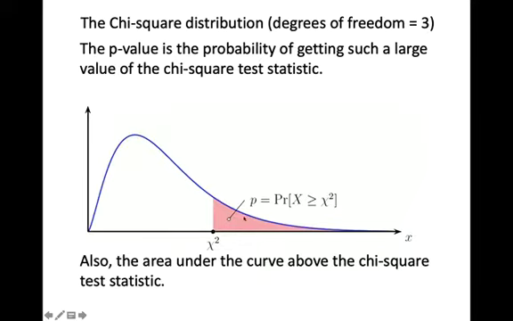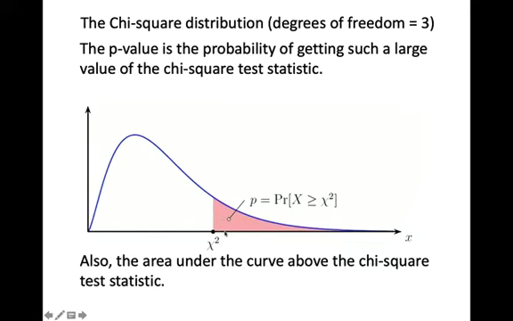Now, if chi-squared is 0, it's all the way down here. If chi-squared is 0, that means we actually had no deviation. And the area of the curve above that, in this particular case, would be the area under the entire curve. Now, this is the probability distribution. Probabilities add up to 1. The realm of all possibilities will add up to 1. So when chi-squared is 0, the probability or the p-value will be 1.